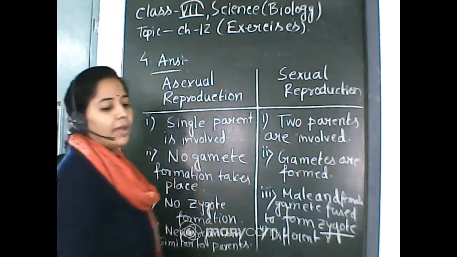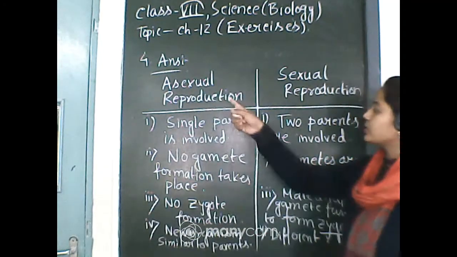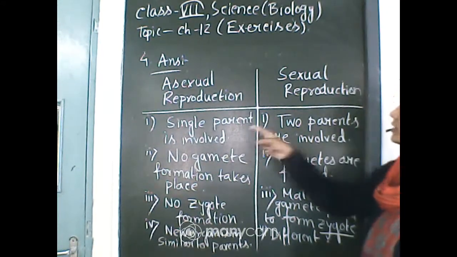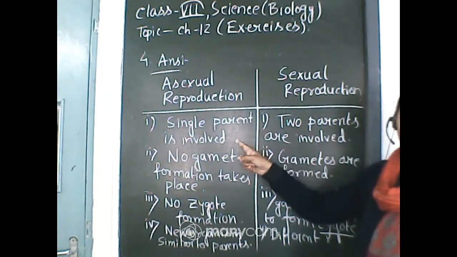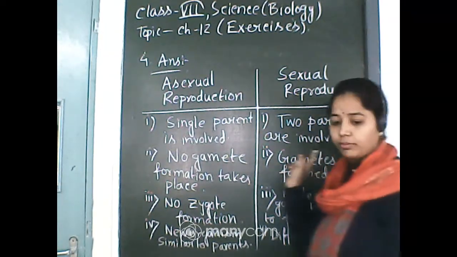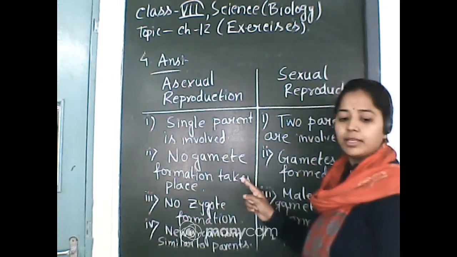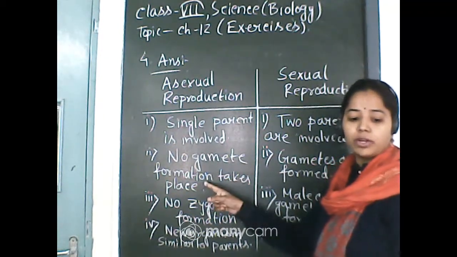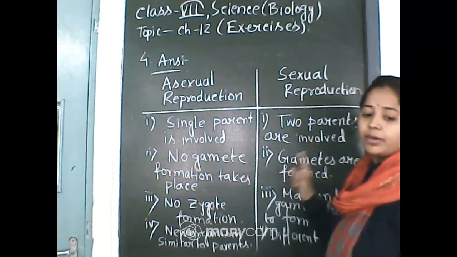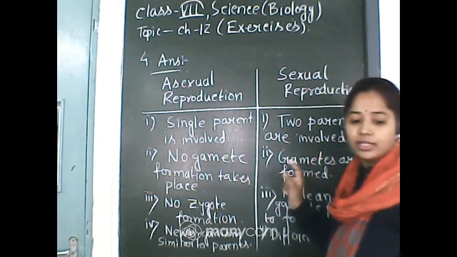So here we have concluded the four differences between asexual and sexual reproduction. A single parent is involved in asexual reproduction, but in sexual reproduction two parents are involved. In asexual reproduction no gamete formation takes place, but in sexual reproduction gamete formation is very necessary.